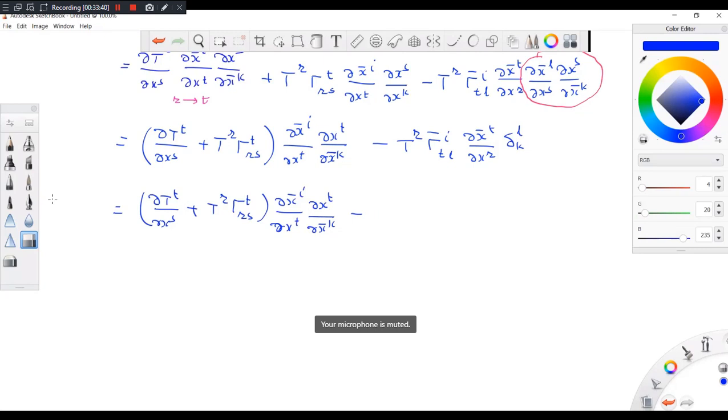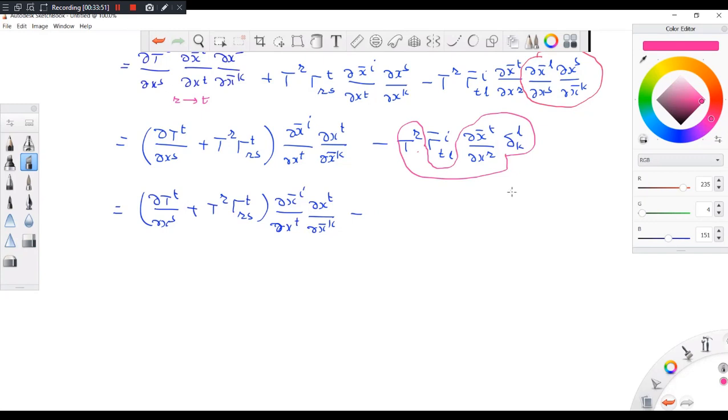Take this together. So this quantity is nothing but, see, TR, only this quantity.